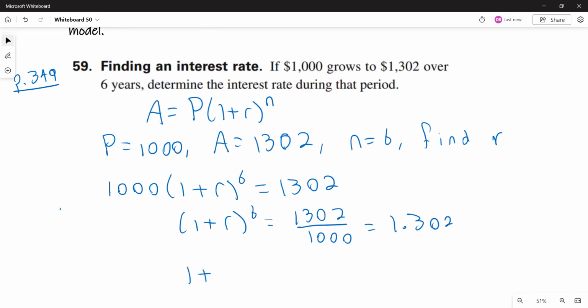So 1 plus R itself is 1.302 raised to the 1/6. Let's calculate that.